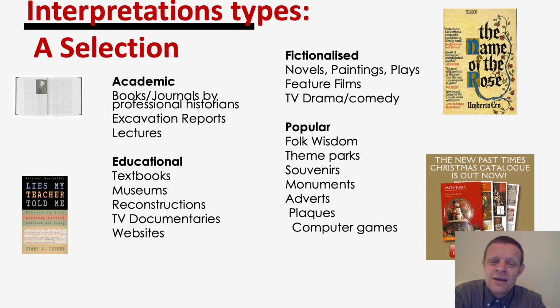Adverts. I really like using plaques that are put up to commemorate people's lives, where they lived in a house, or events that were important to a town or a city. We can also evaluate computer games that have a historical theme, like Assassin's Creed, for example. So there are so many different forms of scholarship or interpretation that we can use in our classes to evaluate with our pupils.